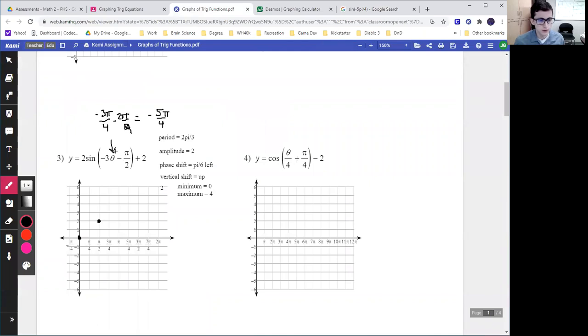So this is 0.7 times 2 is 1.4 plus 2 would be 3.4, so about 3.4. So this is going to be about here. And so on and so forth.